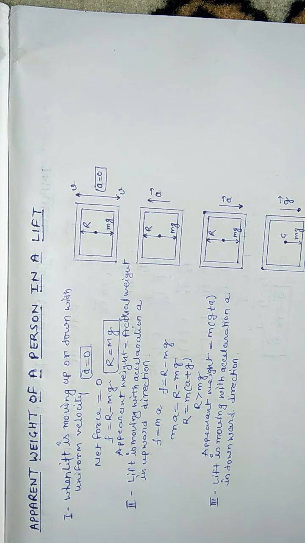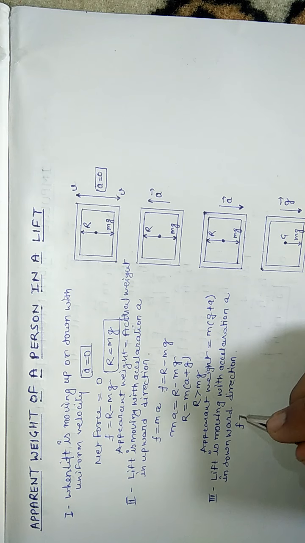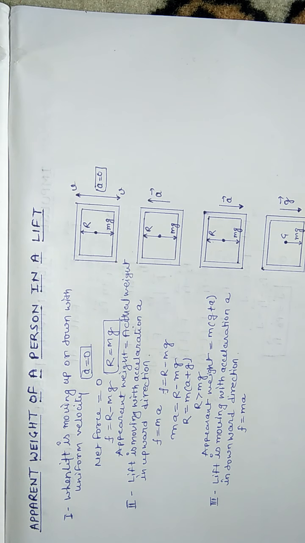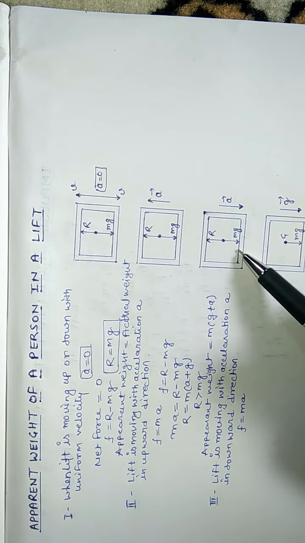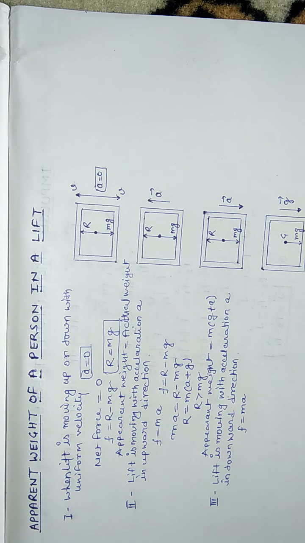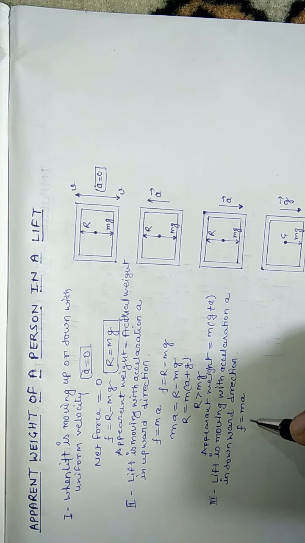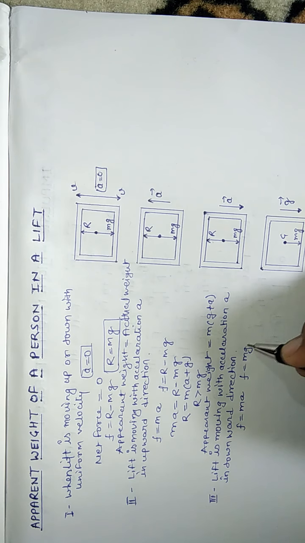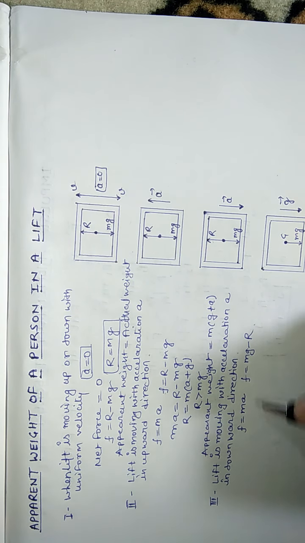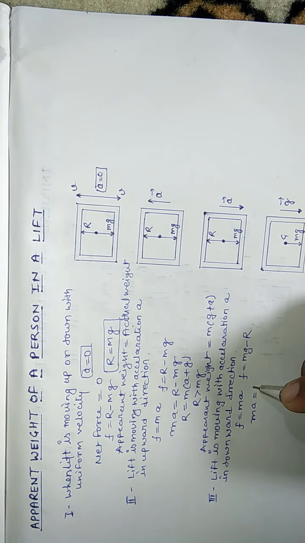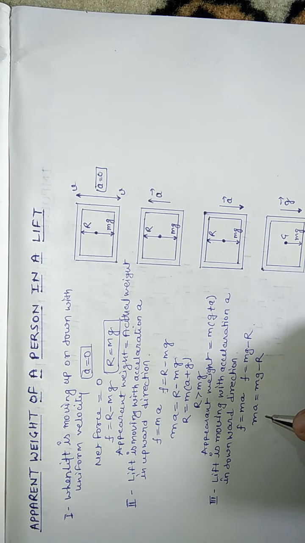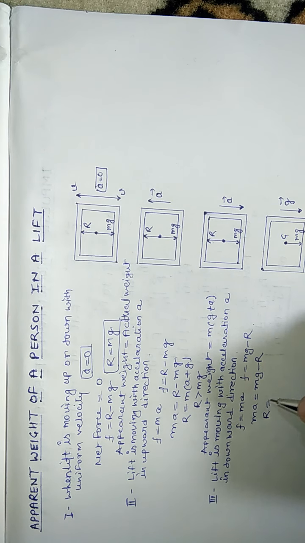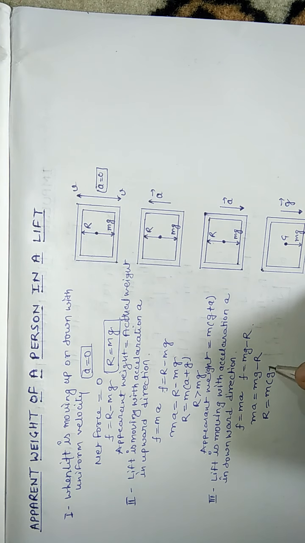Then the net force acting on the man will be F is equal to ma, and from the free body diagram the net force acting in downward direction will be equal to F is equal to mg minus R. Now equating these two equations we will get R is equal to m(g minus a).